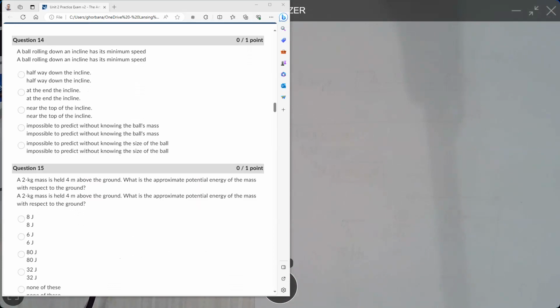Which one? A ball rolling down an incline has its minimum speed near the top of the incline, yes?